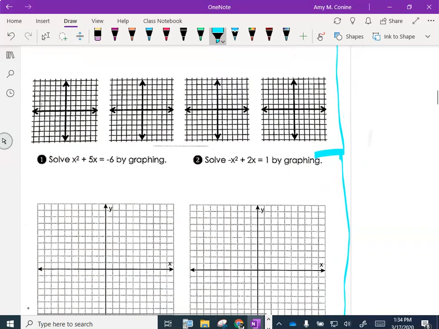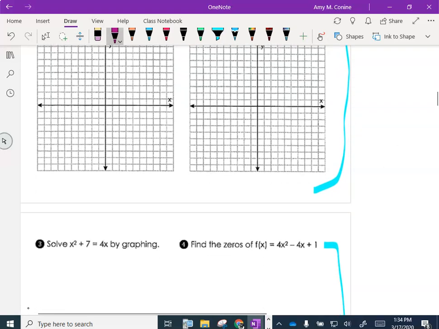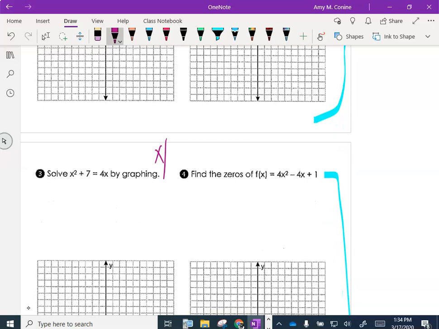So for your graphing pieces, make sure that you're doing an XY table. And you're identifying your domain and your ranges, because that's a big thing that we have to keep practicing. So doing your XY table and your domain and ranges for these.